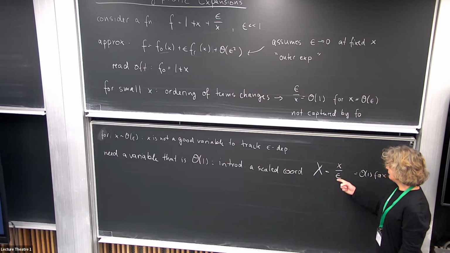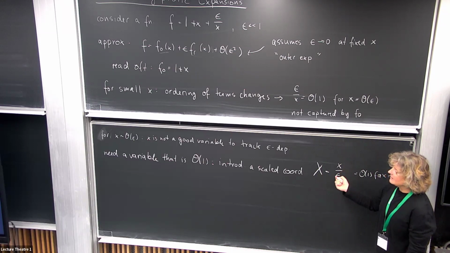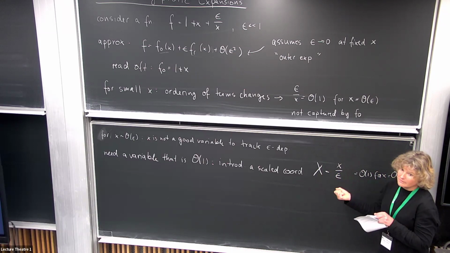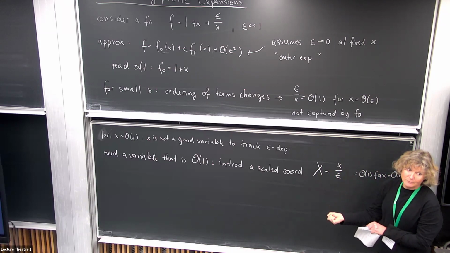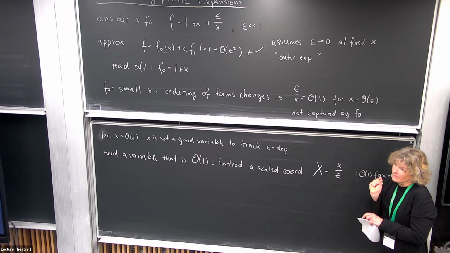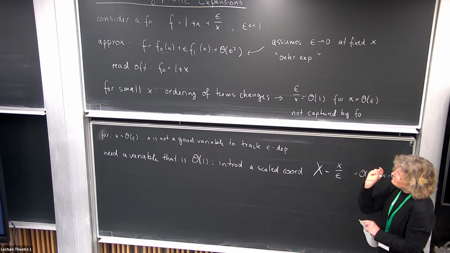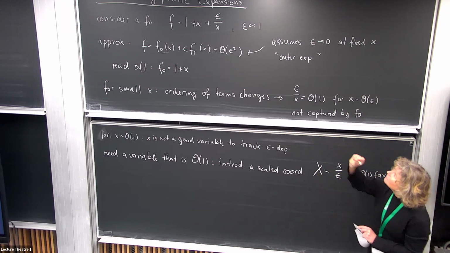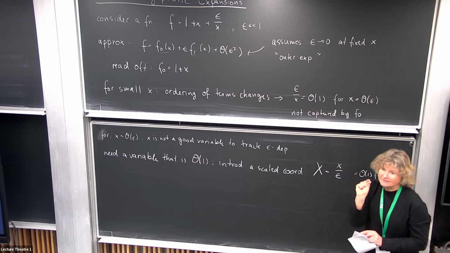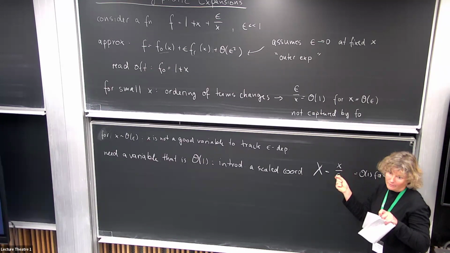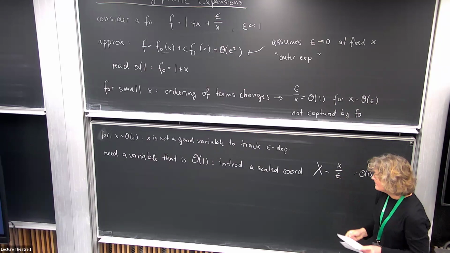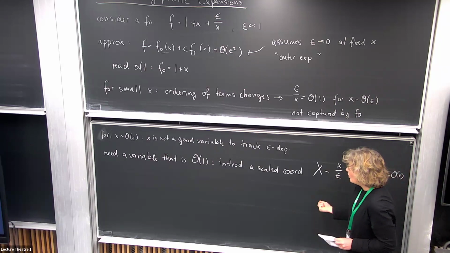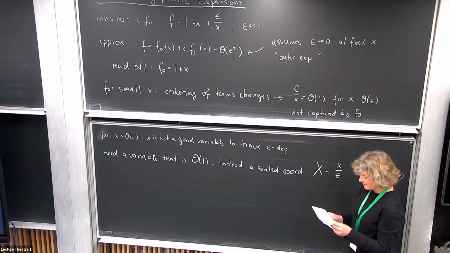physically what it does is it stretches the region of small x, because it makes the region that is of order epsilon size only for this original variable x, it stretches it to be now of order 1. So sometimes this is also called a stretched coordinate or a strained coordinate.